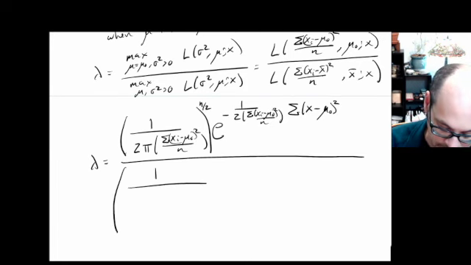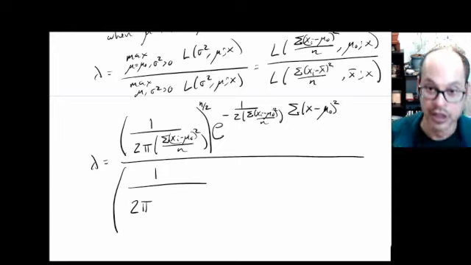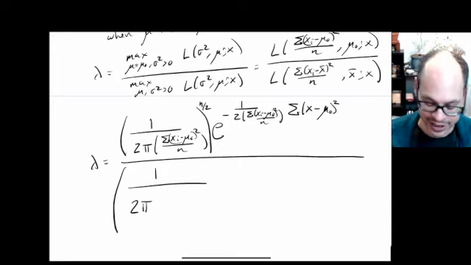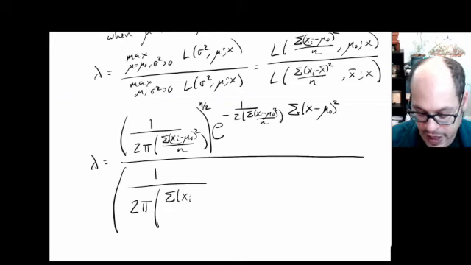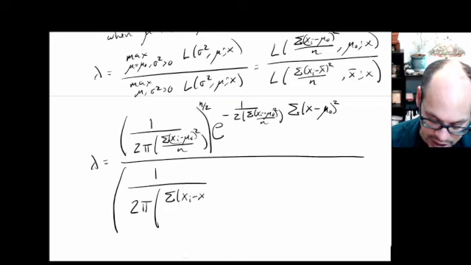Similarly, in the bottom, I have 1 over 2 pi. Hold on to your hats, you guys. We're going to get through this. Xi minus x bar squared. So I'm just plugging in this guy for my sigma squared over n. All that is to the n halves power.